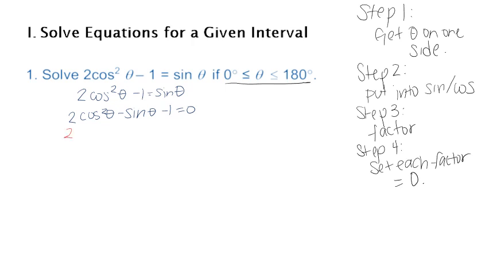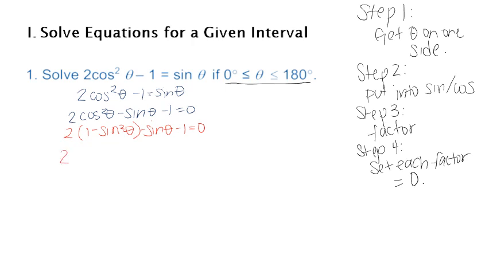So this would be 2 times 1 minus sine squared theta, minus sine of theta, minus 1 equals 0. So now we can go ahead and multiply this out.